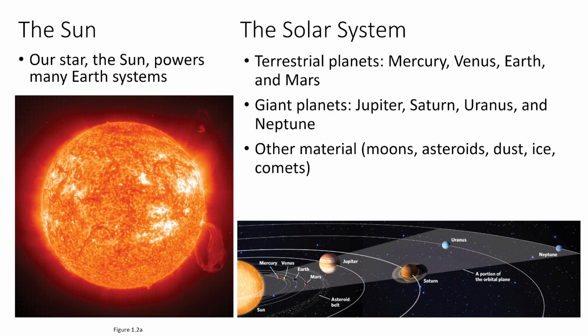Our solar system is made up of those planets, which include the terrestrial planets, Mercury, Venus, Earth, and Mars; the giant planets, which are further from the sun, Jupiter, Saturn, Uranus, and Neptune, also known as the Jovian planets; and other material, which includes moons, asteroids, dust, ice, and comets, which are spread across the solar system.